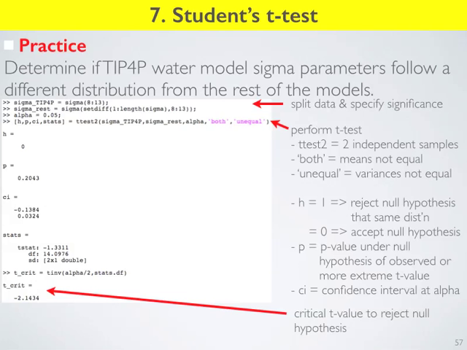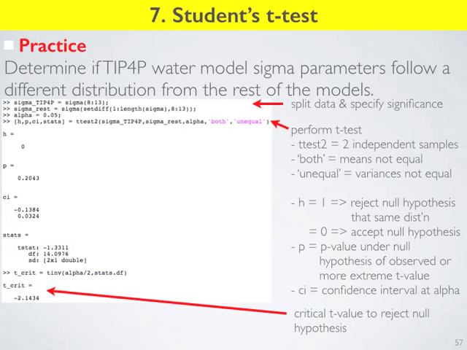We're going to pull out all the sigmas belonging to the TIP4P models, pull out all the sigmas belonging to everybody else, and ask, do those sigmas belong to the same distribution or a different distribution? If a different distribution, that might tell you that TIP4P is doing something different with sigma than the rest of the models. Maybe that's interesting. It's almost certainly not interesting, but let me just illustrate the point.